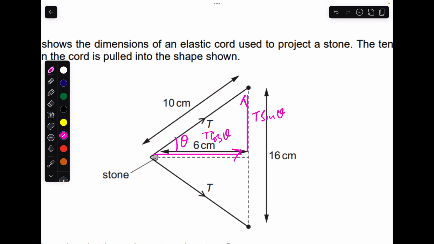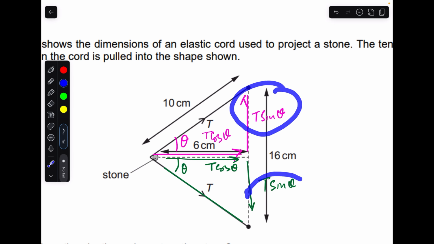If I look at the other tension, this one, it also has two components. If this is the angle theta, this will be T cos theta, and this will be T sin theta, in this direction. If you observe them, these two, this one and this one, are in opposite directions and they are equal, so they will cancel each other out.